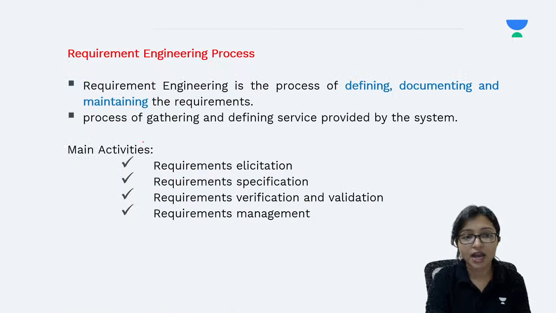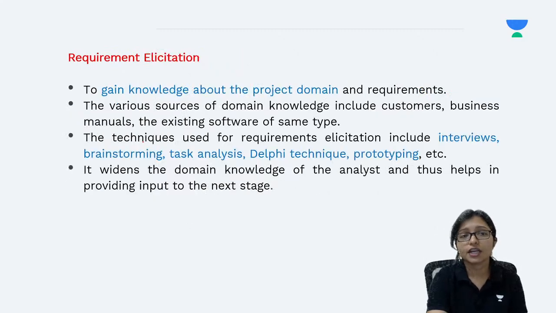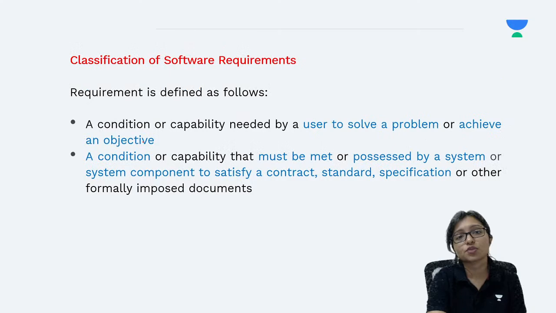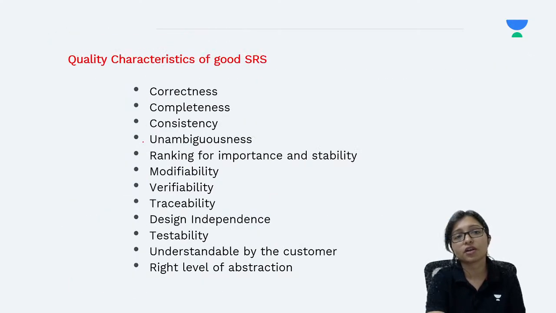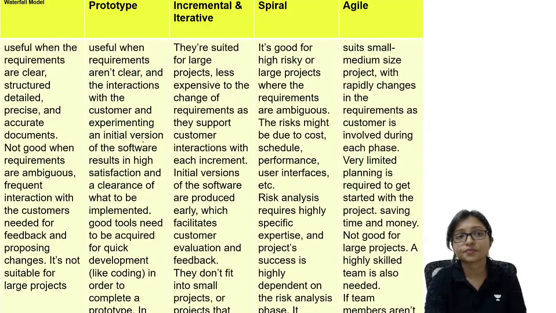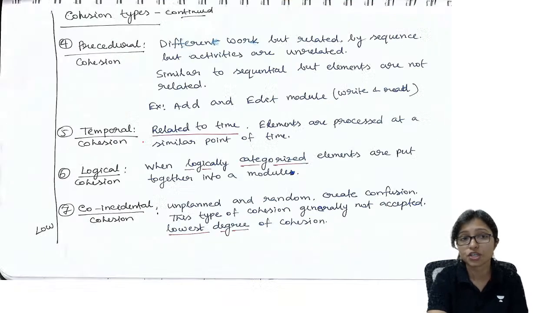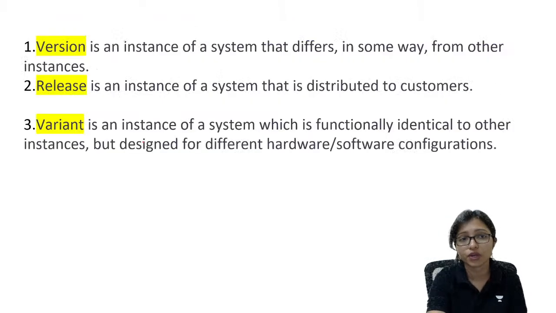So now let's start. Here we will cover the topics under software engineering. All the important topics: software engineering process, requirement elicitation, specification, different types of requirement, the SDLC models, and what the differences are. After that, coupling, cohesion, and the different types of coupling and cohesion.